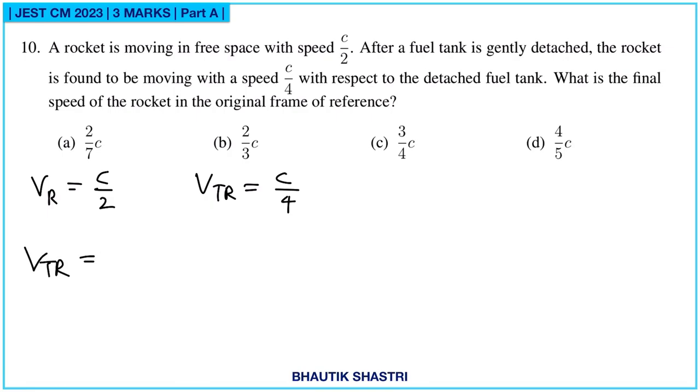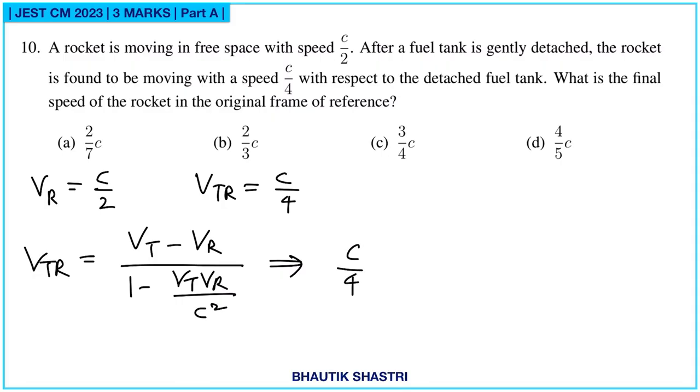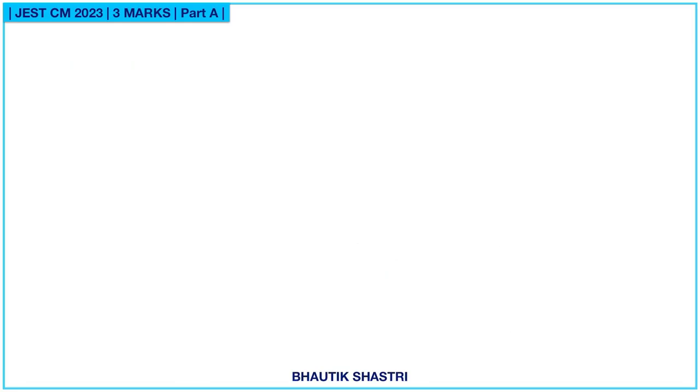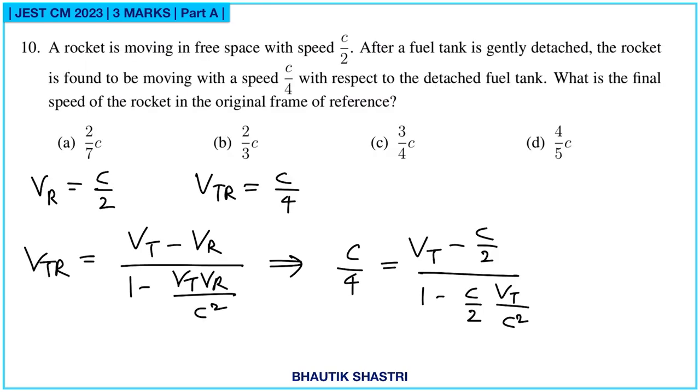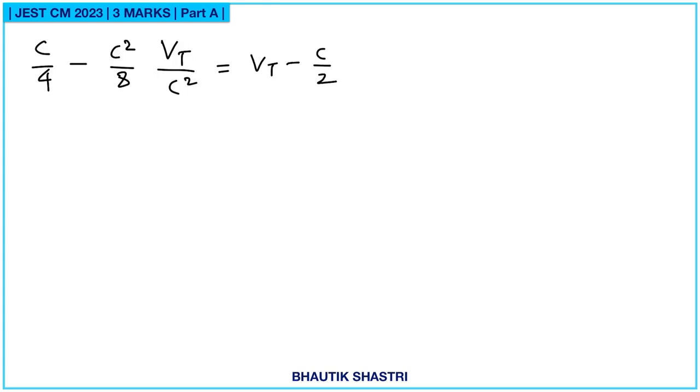So VTR is equal to (Vt - Vr)/(1 - Vt Vr/c²). That means c/4 is equal to (Vt - c/2)/(1 - (c/2)Vt/c²). So c/4 - (c²/8)(Vt/c²) is equal to Vt - c/2. So c/4 plus c/2 is 3c/4. This c² will cancel. 1 plus 1/8 is 9/8 times Vt.